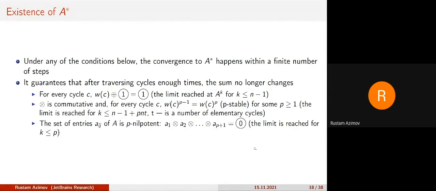Then we also reach the limit. And here we can see that the existence of the solution depends on the algebraic structure and on the cycles in our graphs.